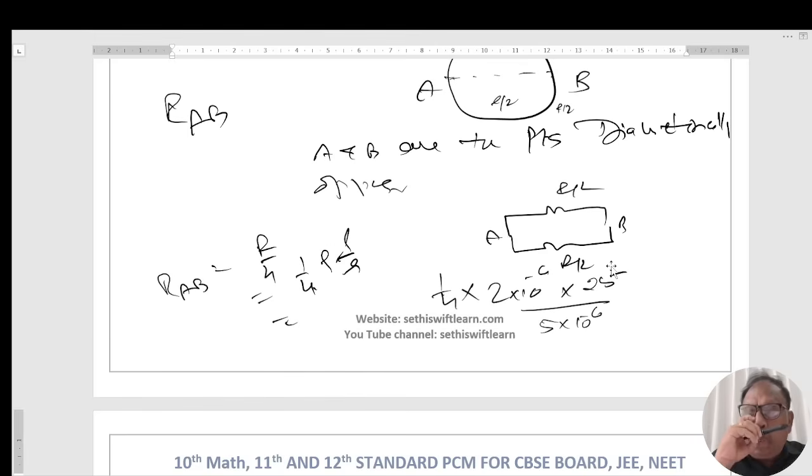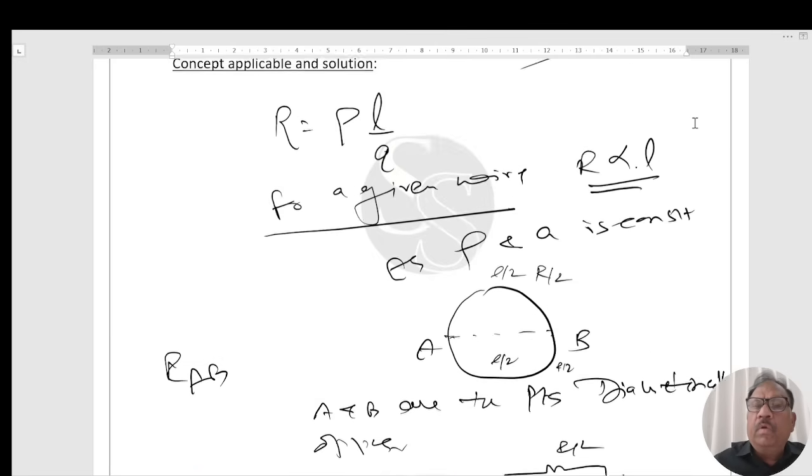On simplification, this comes out to be 10 upon 4, that is 2.5 ohm.